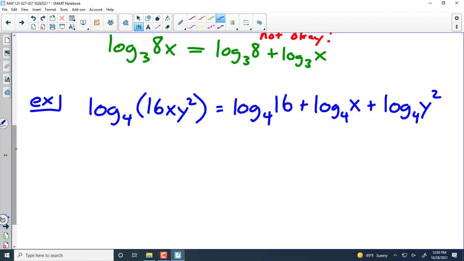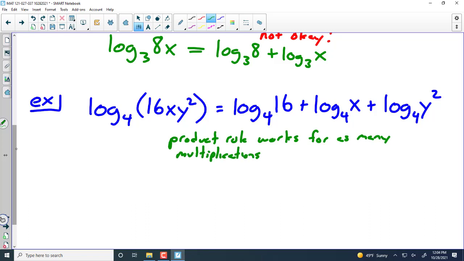Yeah, that looks okay to me. That's the product rule, everyone. The product rule can be used with as many as you want. Not just 2, but 3, 4, 5, 6, 7, no matter how many things you're getting multiplied. So the product rule works for as many multiplications as you need. It doesn't matter if I had 30 things getting multiplied in there, I could turn it into 30 logarithms.